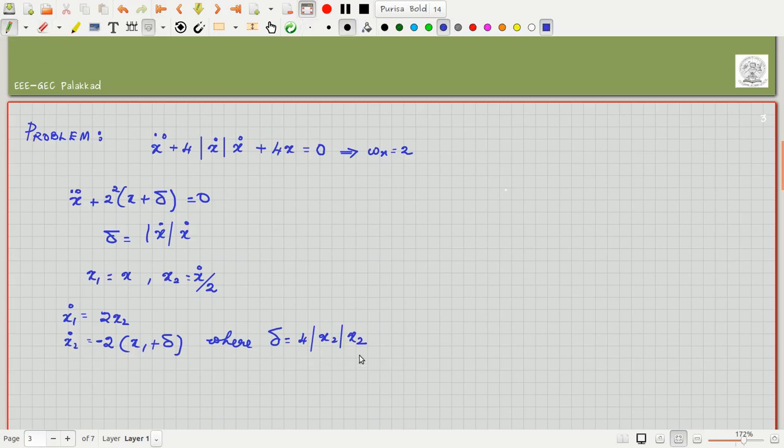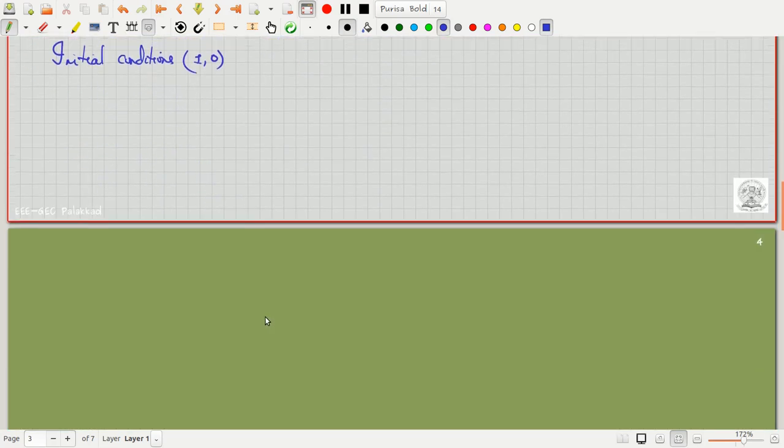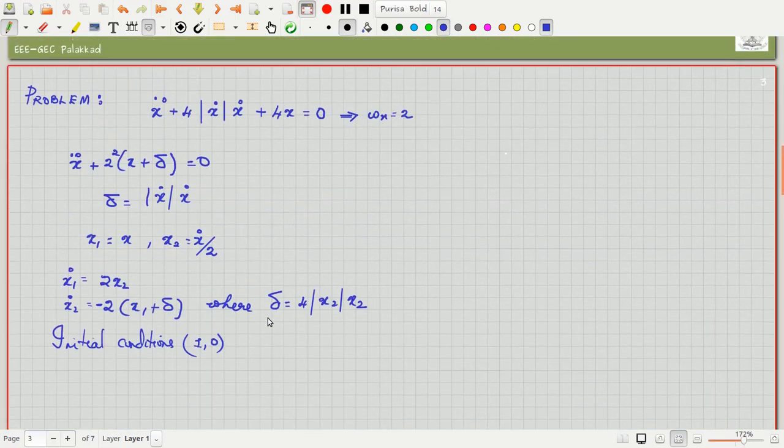Now we have been given the initial conditions of the system as 1 comma 0. We will start from 1 comma 0 and see how the trajectory looks.